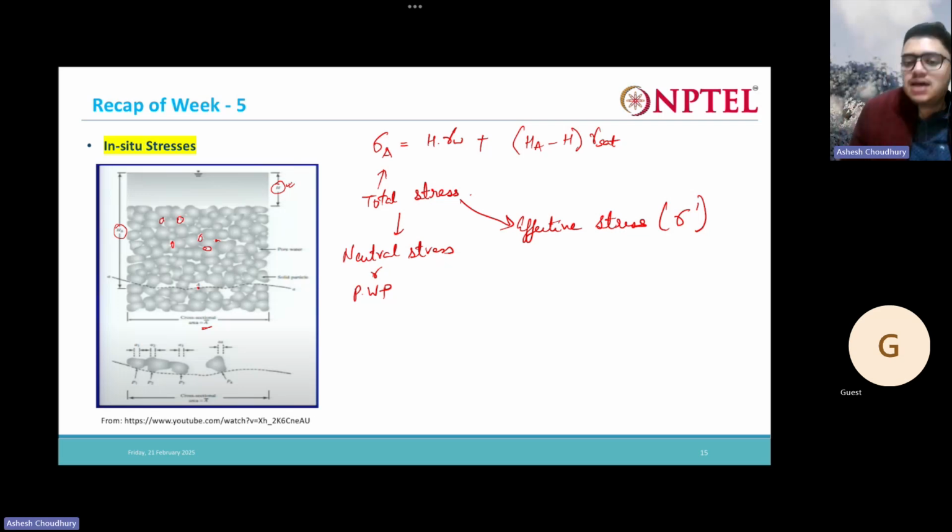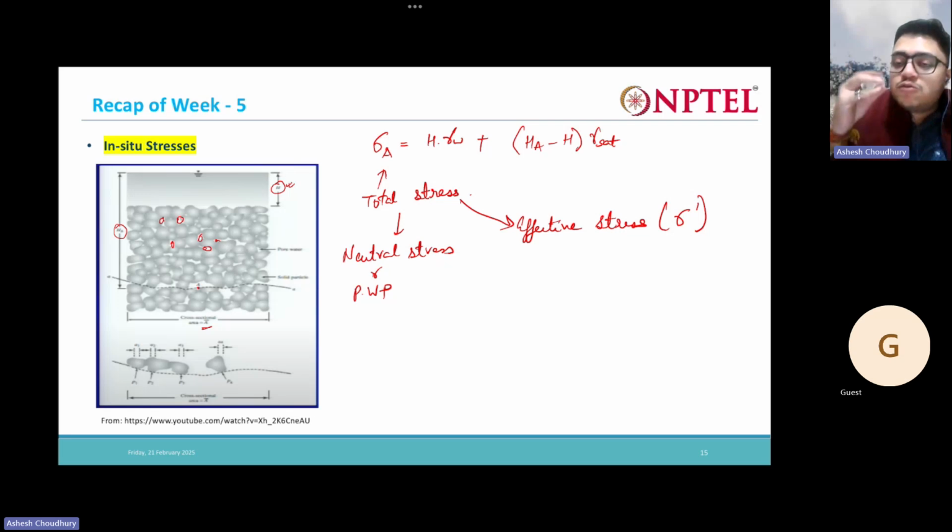And the other part is the effective stress. Now, what is effective stress? Effective stress is nothing but the actual stress that is transferred at the grain to grain contact. When you apply a load to a soil, the load is actually taken by the soil skeleton, and the soil skeleton transfers this load at the grain to grain contact points. So that is the effective stress.